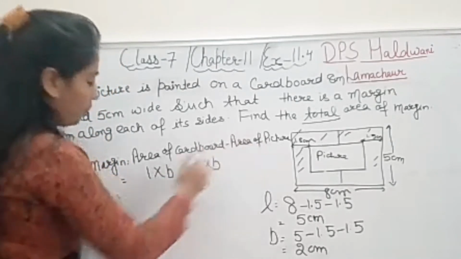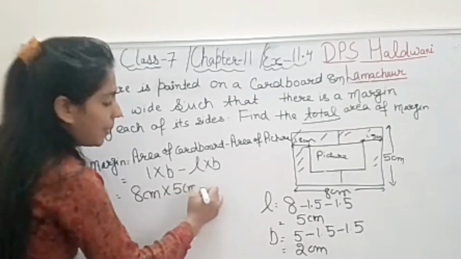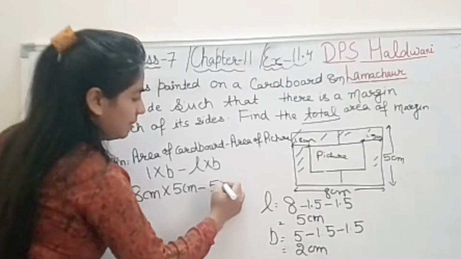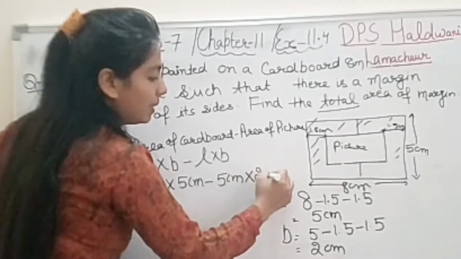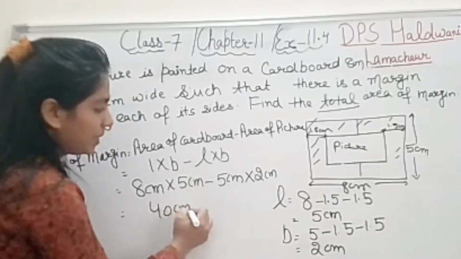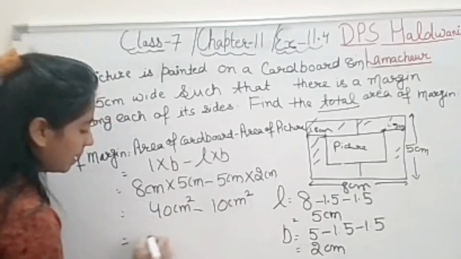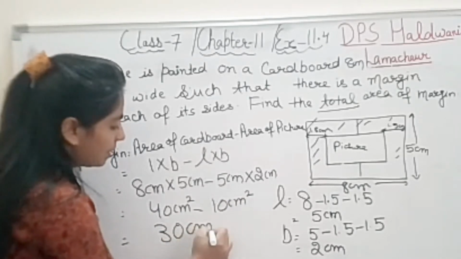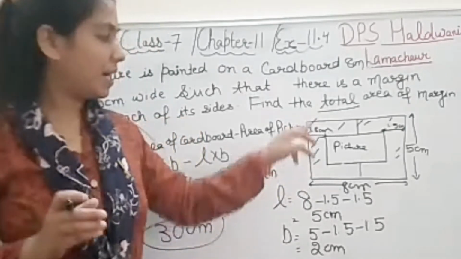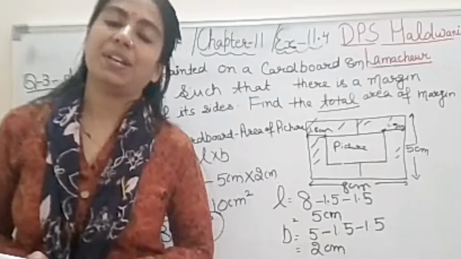So the area of cardboard is 8 centimeter into 5 centimeter, minus the area of picture, 5 centimeter into 2 centimeter. Now just calculation. 8 5s are 40 centimeter square, 5 2s are 10 centimeter square, 40 minus 10 is 30 centimeter square. It means the area of margin is 30 centimeter square.